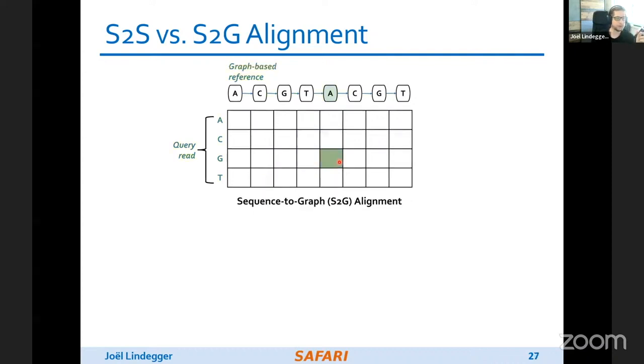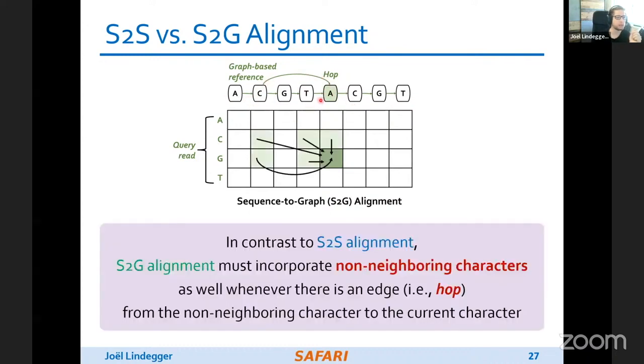Now, in the graph-based reference, the problem is you also have to consider hops or shortcuts, edges, or maybe edges that are missing. If you linearize your graph like this and just draw edges wherever they need to go, all of a sudden you don't just have direct neighbors anymore, but you have the direct neighbors plus these indirect neighbors that are not directly connected to the new entry we're calculating.